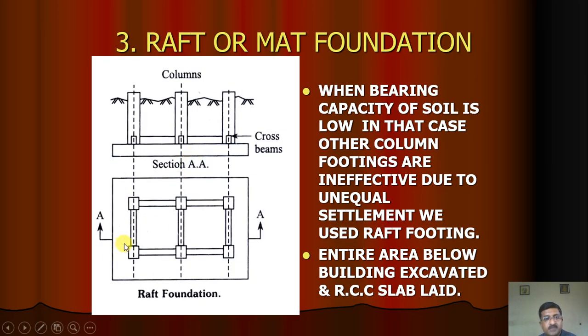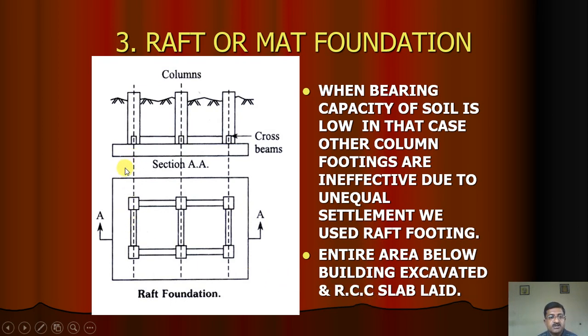Then raft or mat foundation. When the bearing capacity of soil is low, in that case other column footings are ineffective due to unequal settlement. We use raft footing. The entire area below the building is excavated and an RCC slab is laid.